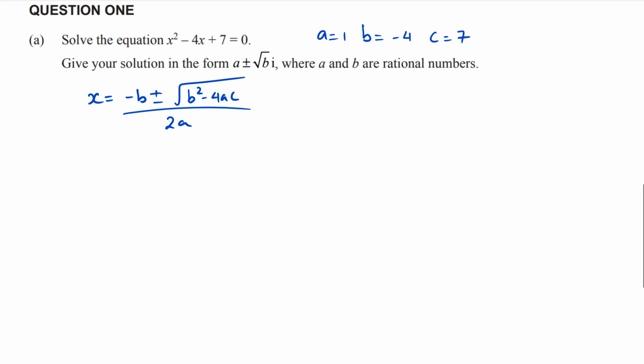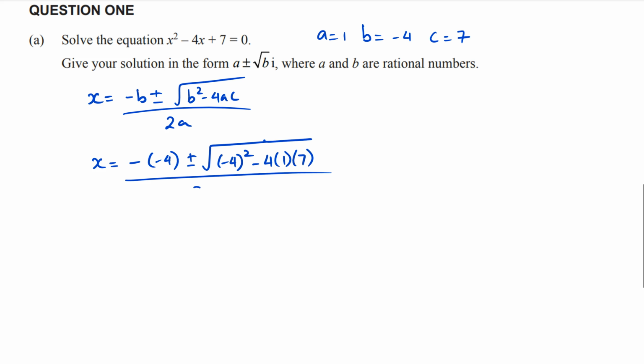So with that in mind, we're going to start substituting these values in. So we've got negative of negative 4 plus or minus the square root of negative 4 squared minus 4 times 1 times 7, and all of that is now divided by 2 times 1. So x is equal to 4 plus or minus the square root of 16 minus 28 over 2.